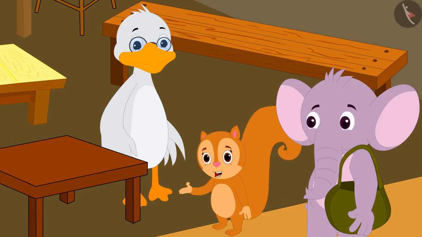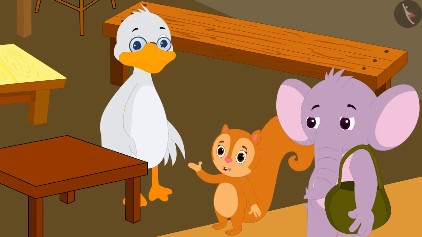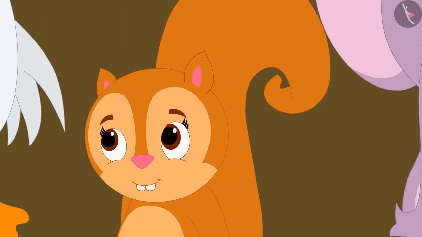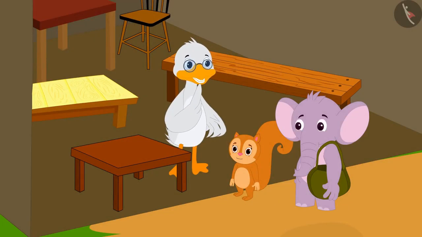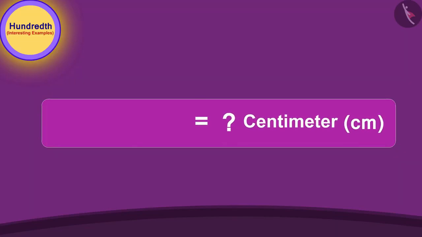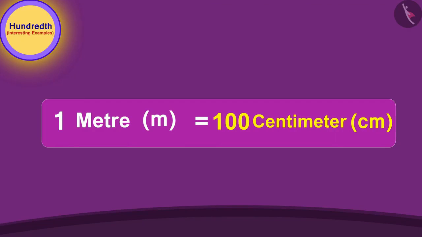How many meters would that be, Uncle? I didn't understand anything. Asked Chanda. Chanda dear, I will explain to you. Tell me, how many centimeters is 1 meter? 100 centimeters. Exactly.